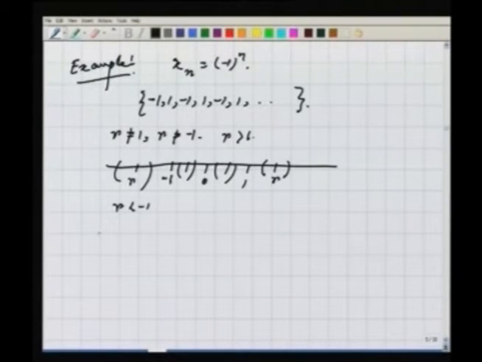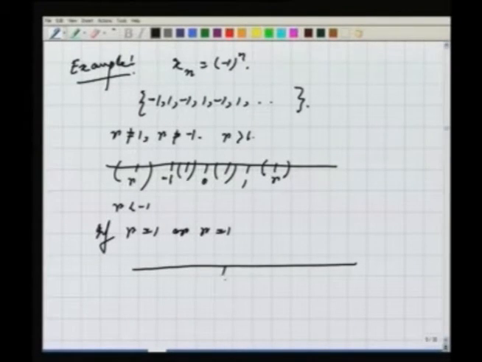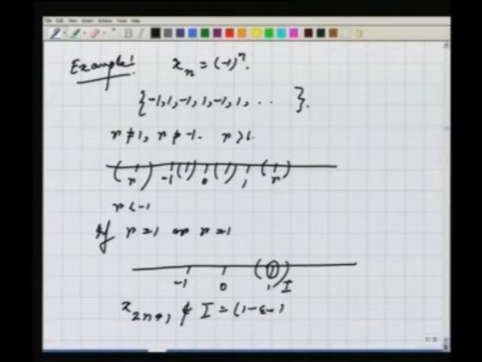So, the problem remains if r equals 1 or r equals minus 1. What happens then? Again I draw the picture. This is r now. I choose an interval. I see of course 1 is there, but minus 1 is not there. Means what? x2n plus 1 does not belong to this interval, if I call it I, which is 1 minus epsilon, 1 plus epsilon.